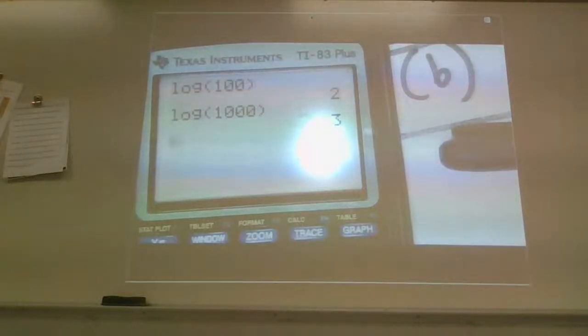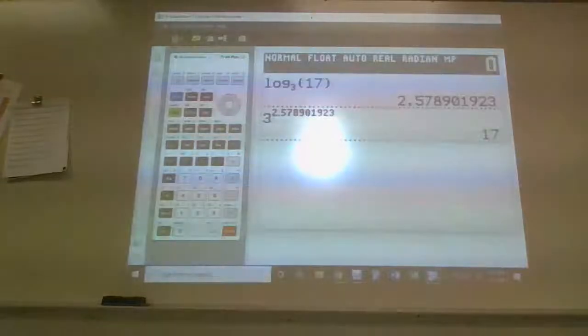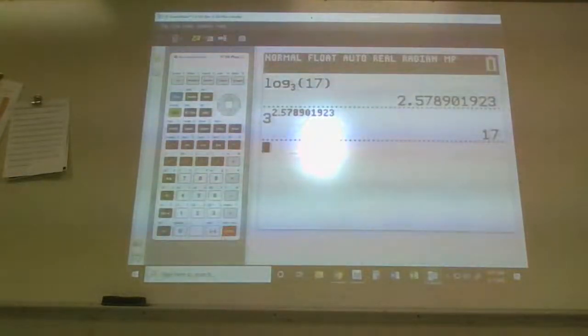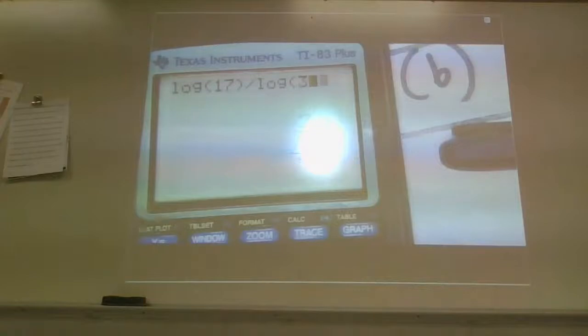Now, before, I was able to calculate in this calculator right here, log base 3 of 17. I can't do that here. Instead, I have to do this. I can't type in log base 3 of 17, so I have to use this thing called a change of base formula.